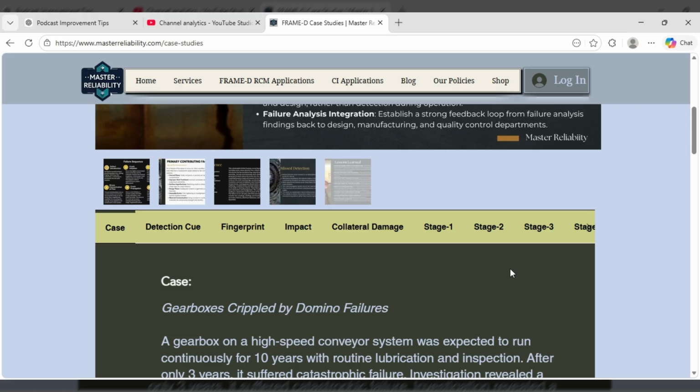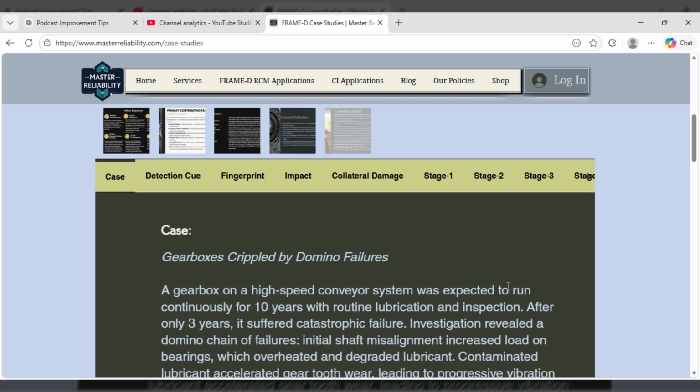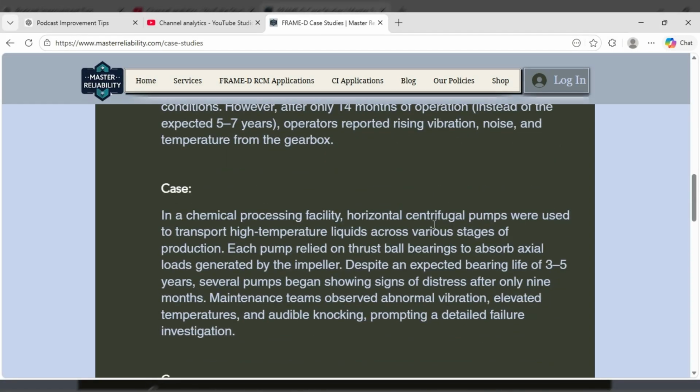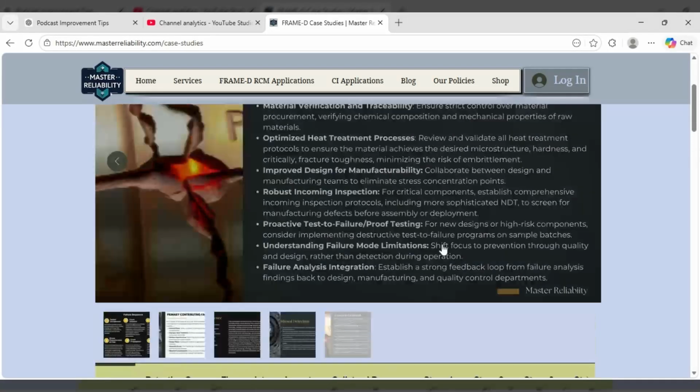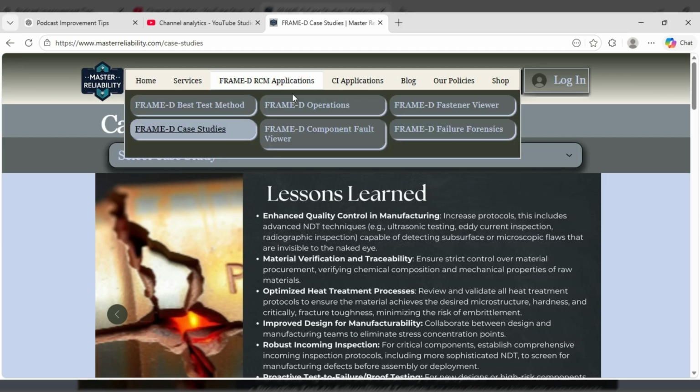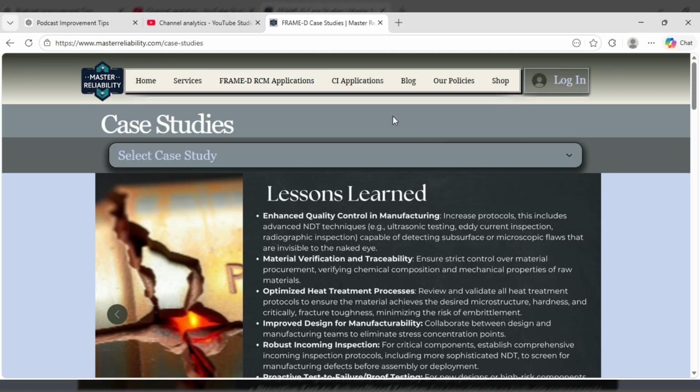It's understanding the core components that cause premature failure and what we can do about it, and then the tasks involved to stop it. My website is jam packed full of these case studies, as well as other tools you can see here. You will need to become a member to use some of these tools.